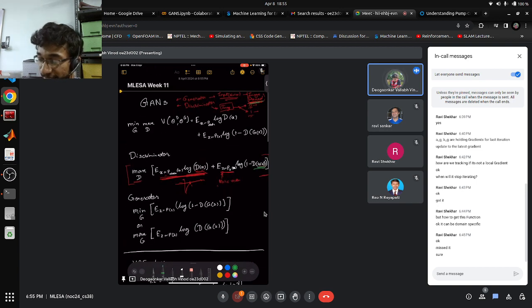So in that case, the discriminator should be telling that this is a fake, so it should return 0, and you again do 1 minus 0 and log of that. That will be closer to 1, and this value is also to be maximized. So basically, since it is a sum, you are maximizing both parts.